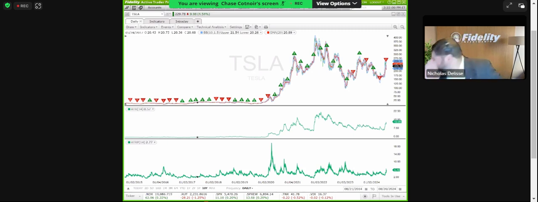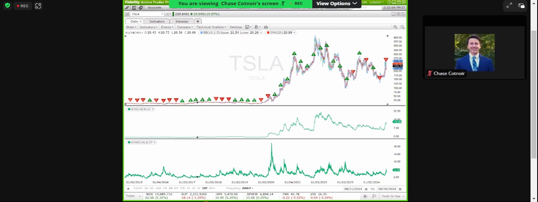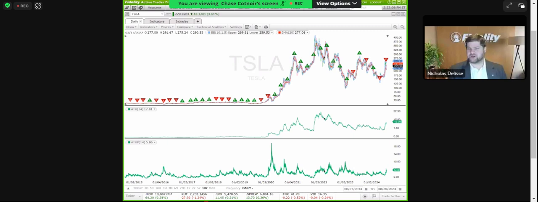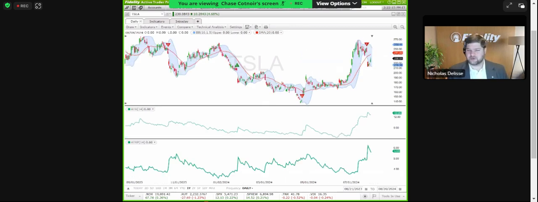And we can shift back over to maybe a 1-year, 2-year basis. I like to point out with Tesla, we have an average true range percent of close to 6% right now, and it swings low at about 4%.